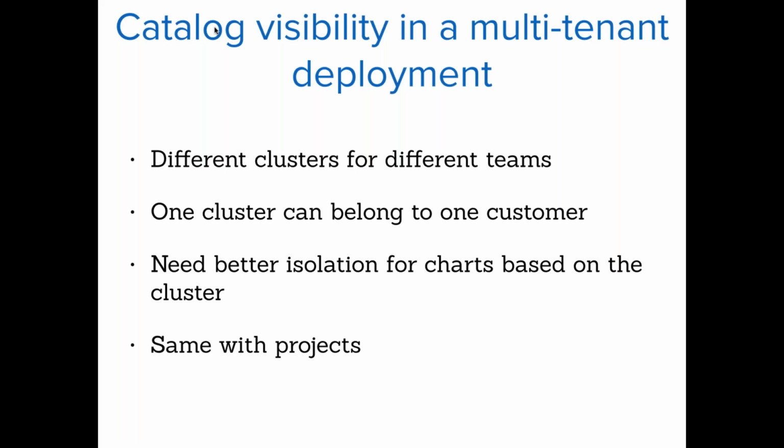In that case, isolation between the catalogs that are made available to these clusters becomes even more necessary because a cluster could be dedicated to one customer. And the same kind of need also came up with projects. We also needed to ensure isolation between catalogs for different projects.